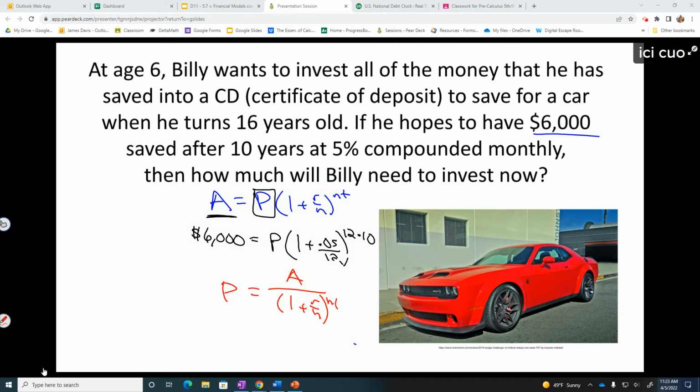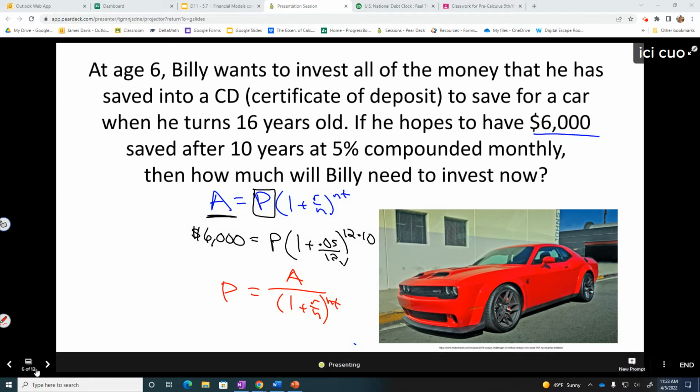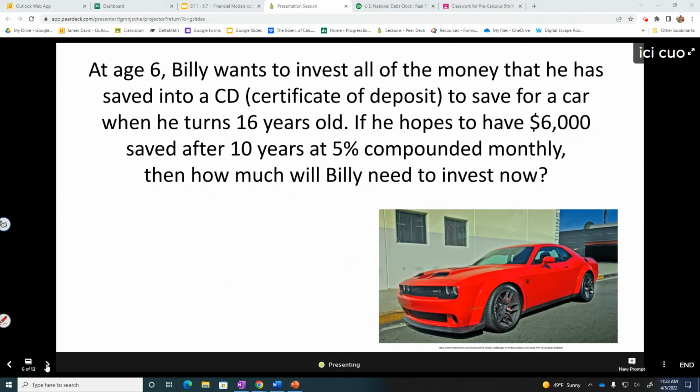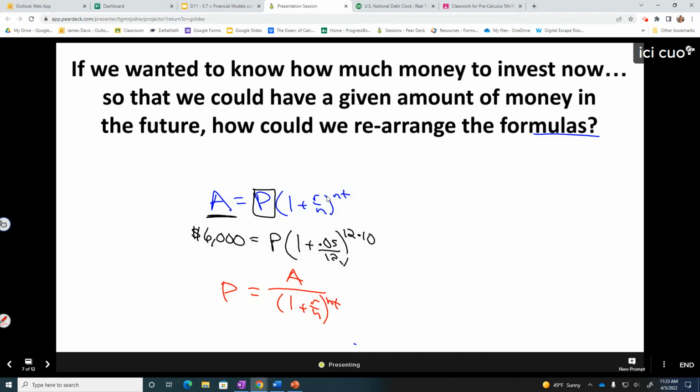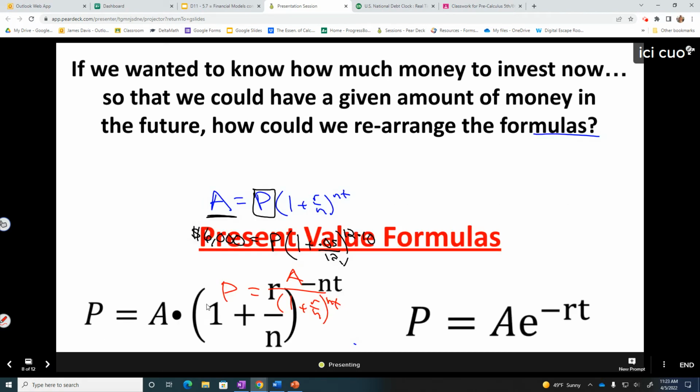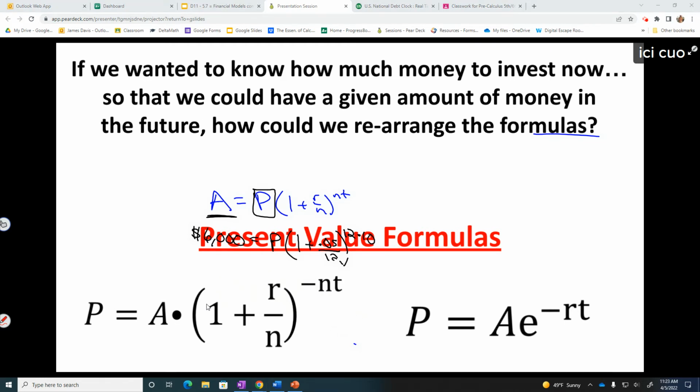You can write it like this, it's fine. But since there's a fraction inside of a fraction, typically how this equation is written looks like this, if we rearranged it like I just did there. With a negative exponent, it makes it a little bit easier. We'll come back to that problem in just a sec.